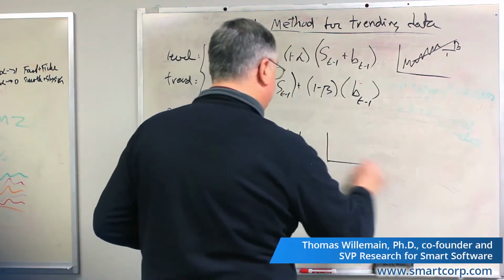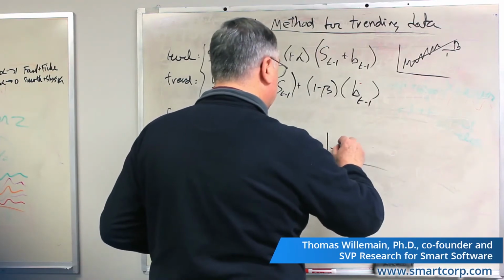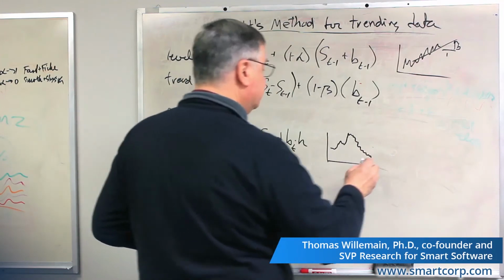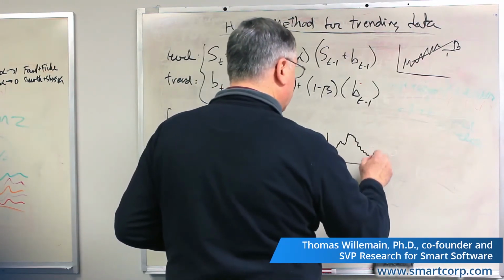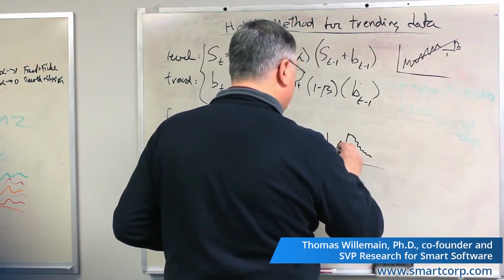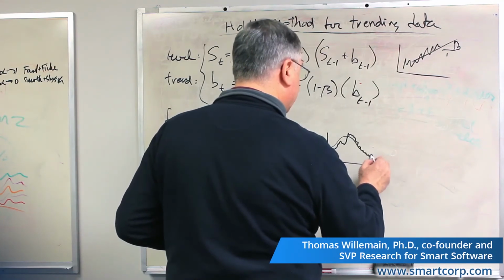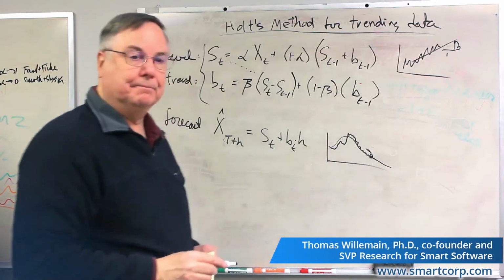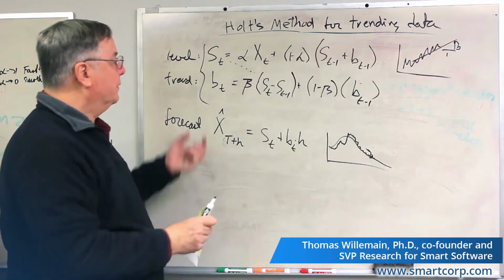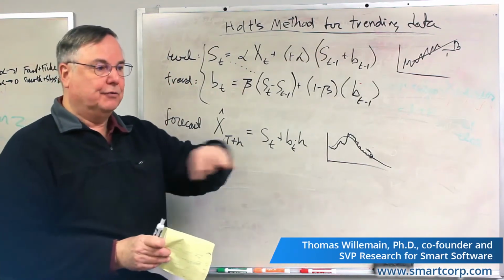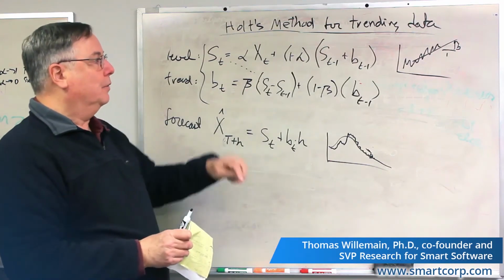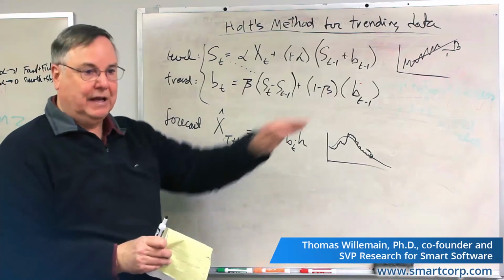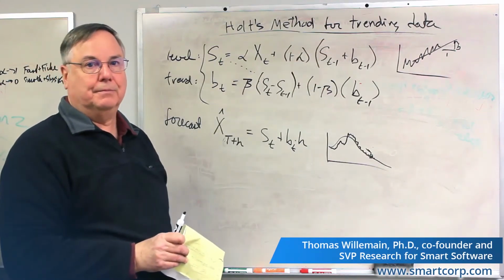So we would see a data set that might be looking something like this. Here, the trend might even reverse. We'd smooth through to find where we think we are in terms of level and trend, and we would make a forecast like that. That's how we would extend from the simple case of a drifting level to a level that could be drifting and then definite trend, sustained drift in the level.